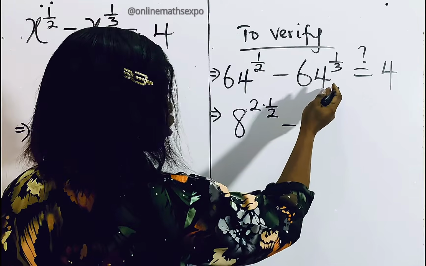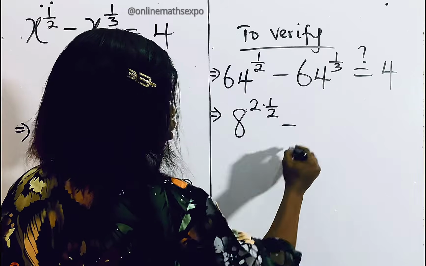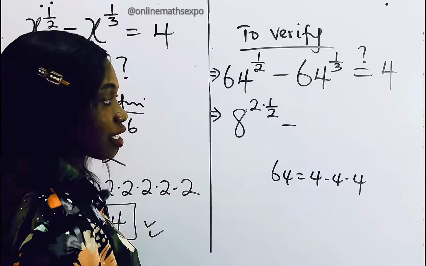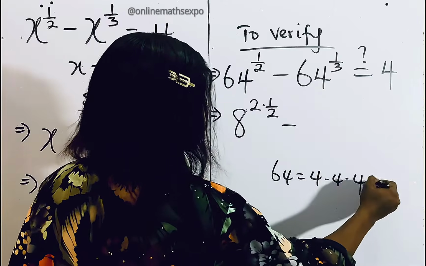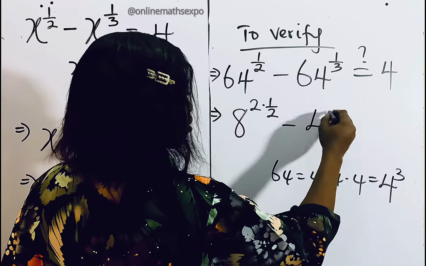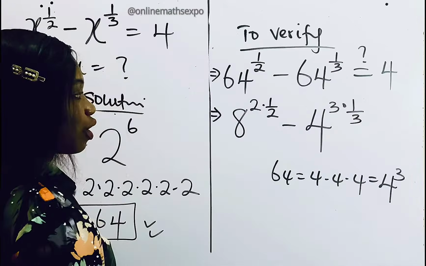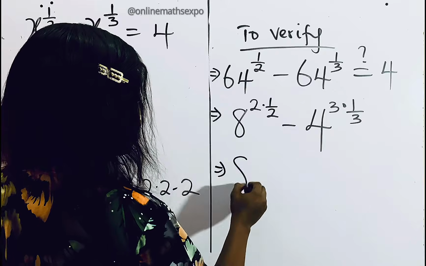Minus 64, which is also the same as 4 multiplied 3 times, so this is 4 cubed, then multiplied by 1/3.